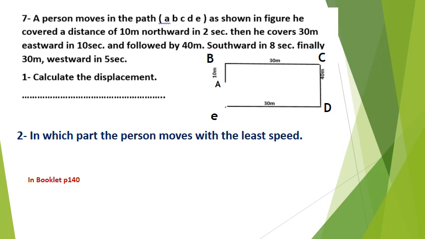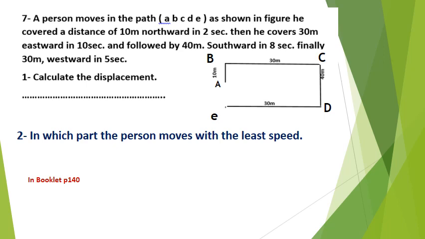Okay, Judana. We answered the problem, page 140, number 7. Number 1, he asks you to calculate the displacement. And we know that the displacement is the shortest straight line between the starting point and ending point. The starting point here is A, and the ending point here is E. The distance from A to B equals 10 meters.